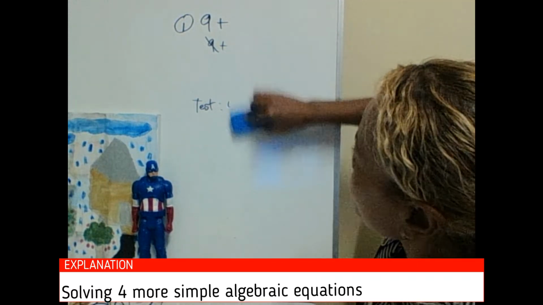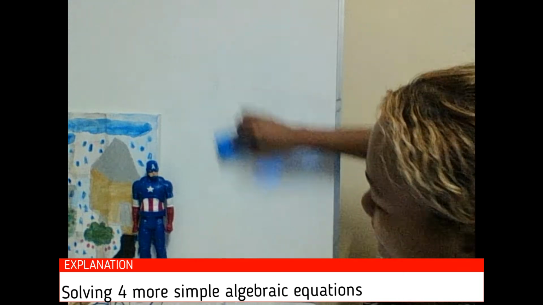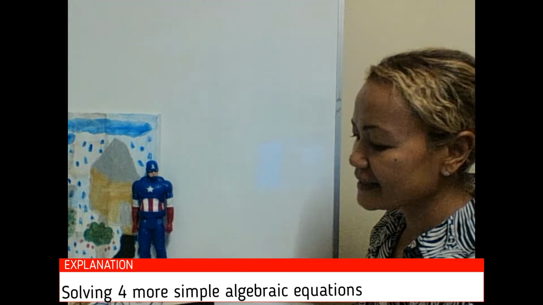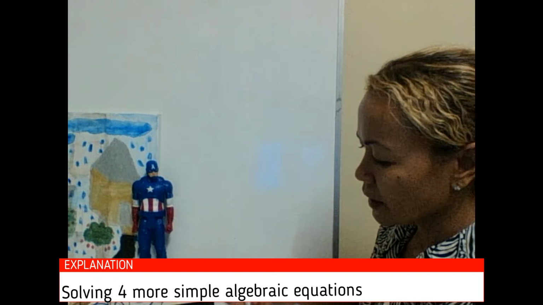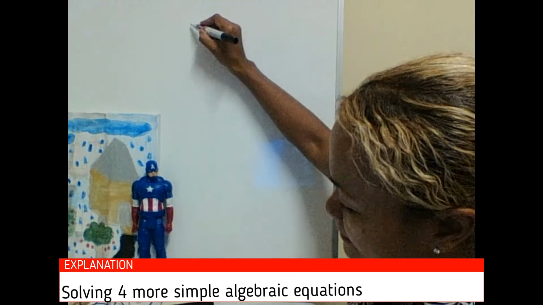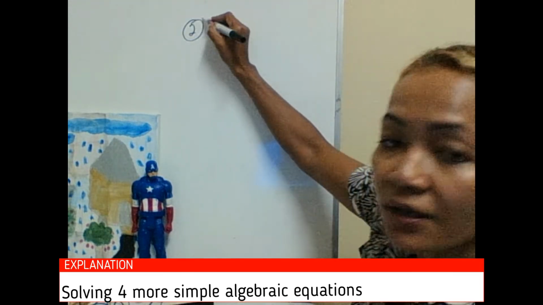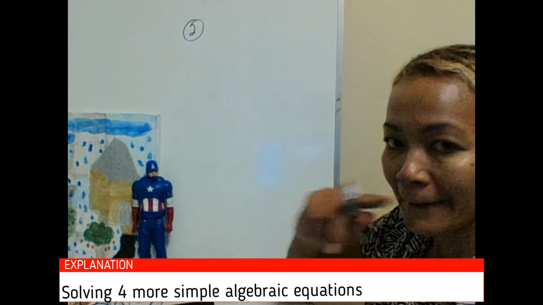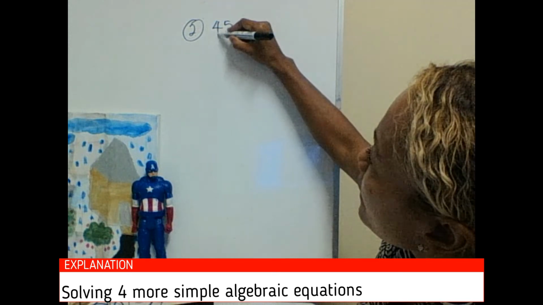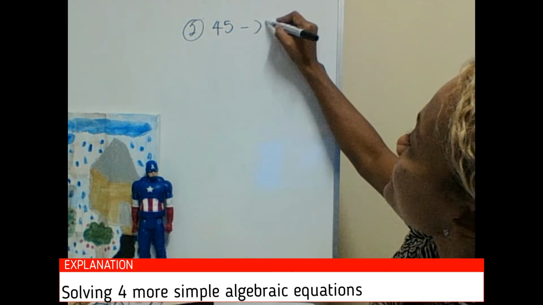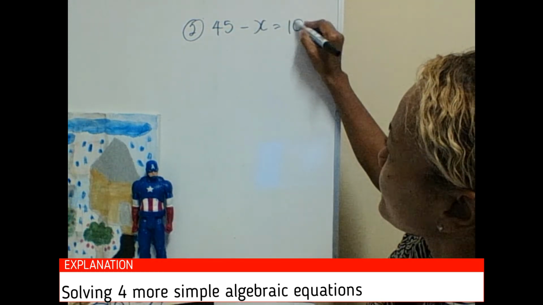Okay, on to the second example. This time with subtraction. 45 minus x is equal to 10.